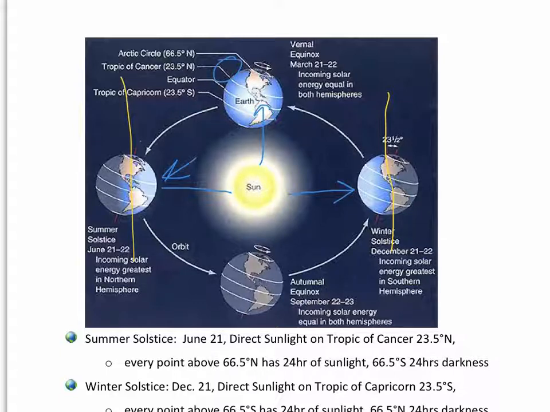Equal day and night, 90 degrees of insolation on the equator. I wonder if I can come up with a good name for this day. How about equinox? Wouldn't you know it? They actually call this the vernal equinox and the autumnal equinox. Almost like it makes sense. I don't know. I'm going to let you guys think about that one while you go ahead and fill in your notes.